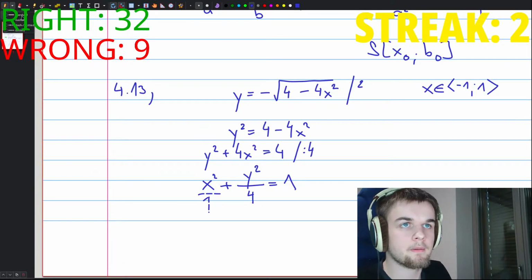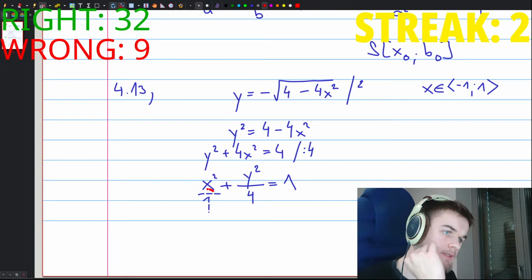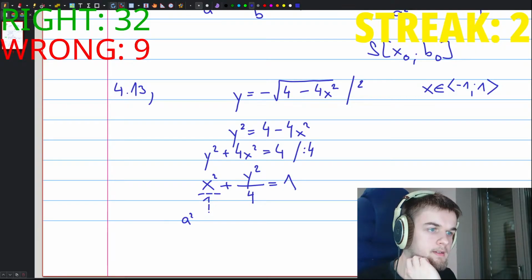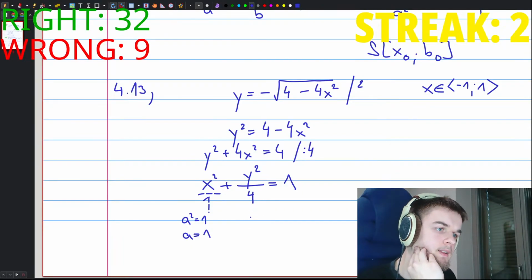Okay, that looks horrible, but we will roll with that. Since there is this imaginary one, that means that a squared is 1, which yields a is 1, and b squared is 4, which yields b is 2.